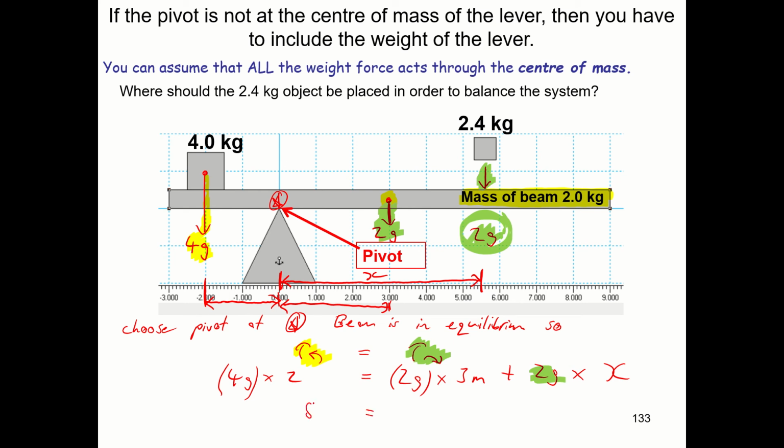2 fours are 8. Here, I didn't actually need to write meters. So 2g times 3, that's going to be 6g. And then plus 2g times x.